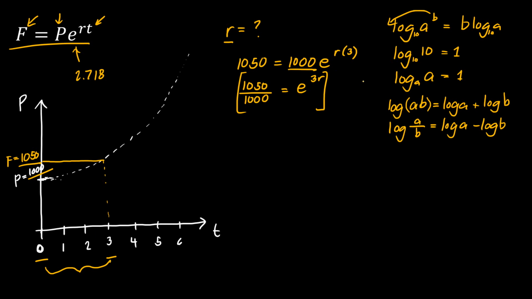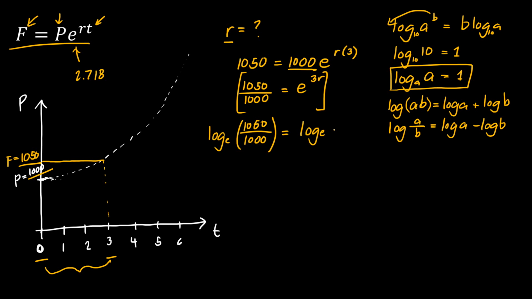Okay, so we're going to apply logarithm on both sides, but you have to think in advance that we want to get rid of a certain value, which is e. So it is best to use logarithm base e, because log base e, by the way, has a special name: ln, the natural logarithm.